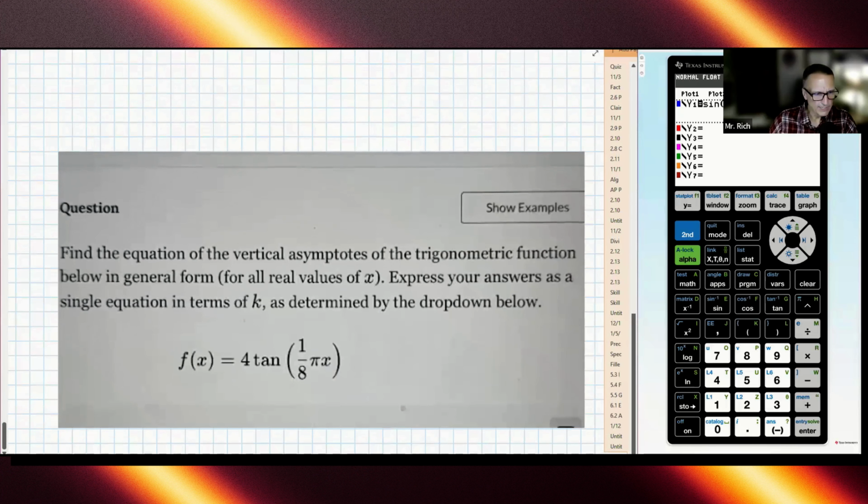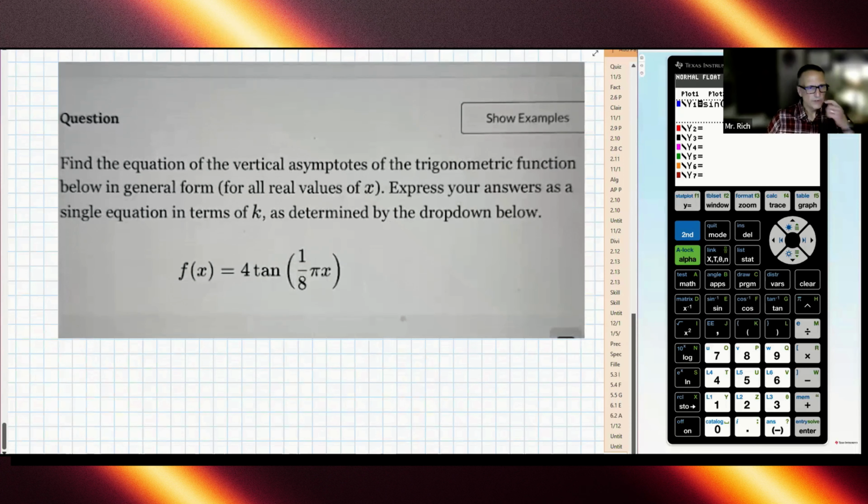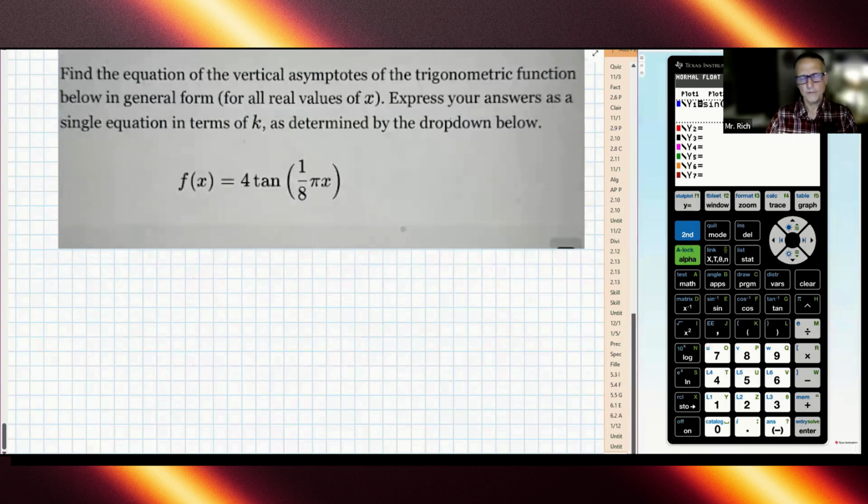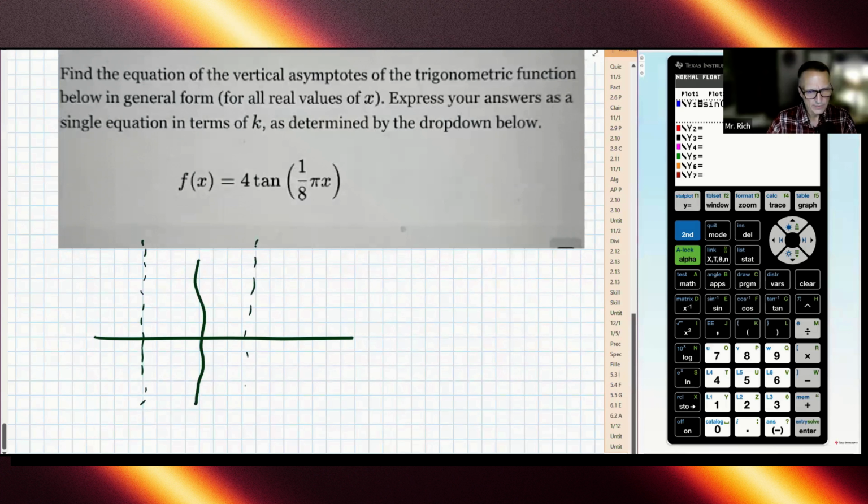Find the equation of the vertical asymptotes of the trig function below in general form for all real values of x. Express your answers as a single equation in terms of k as determined by the drop box below. Well, one thing we know about the tangent function, Reagan, is that without it being transformed, the vertical asymptotes are going to fall on either side of the y-axis, a distance of the period between them.